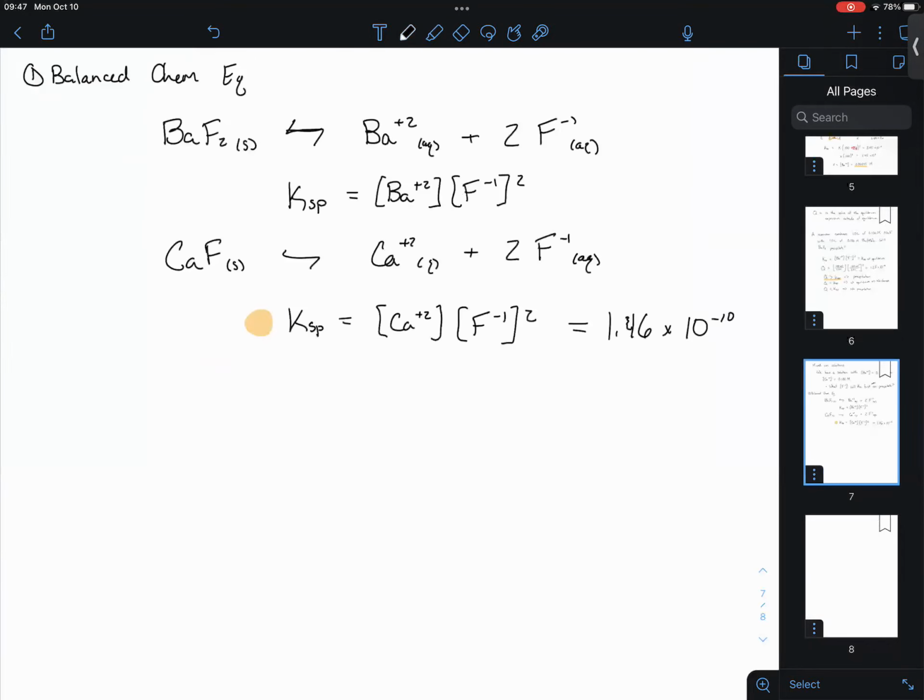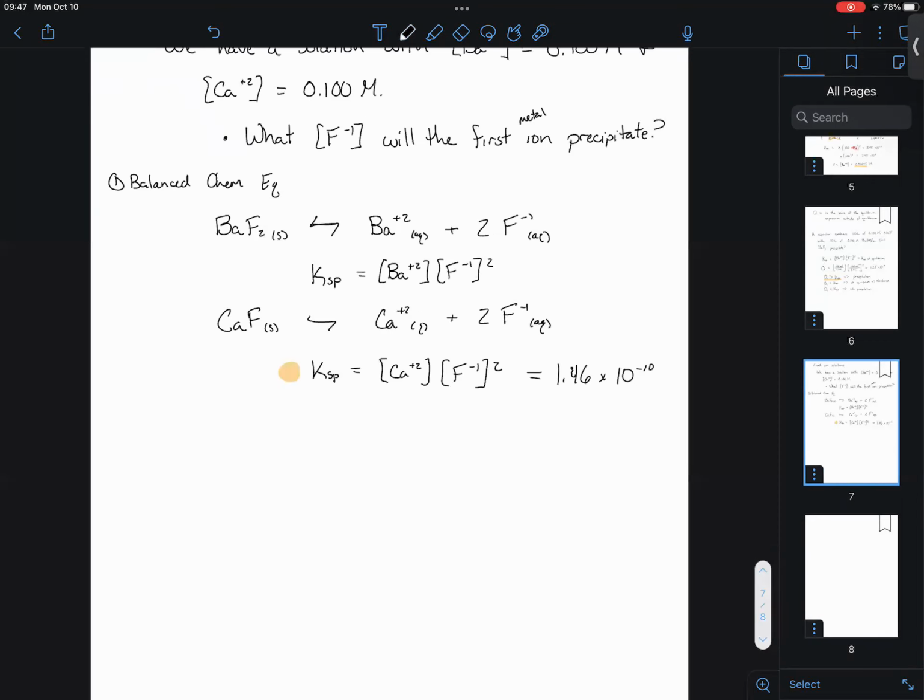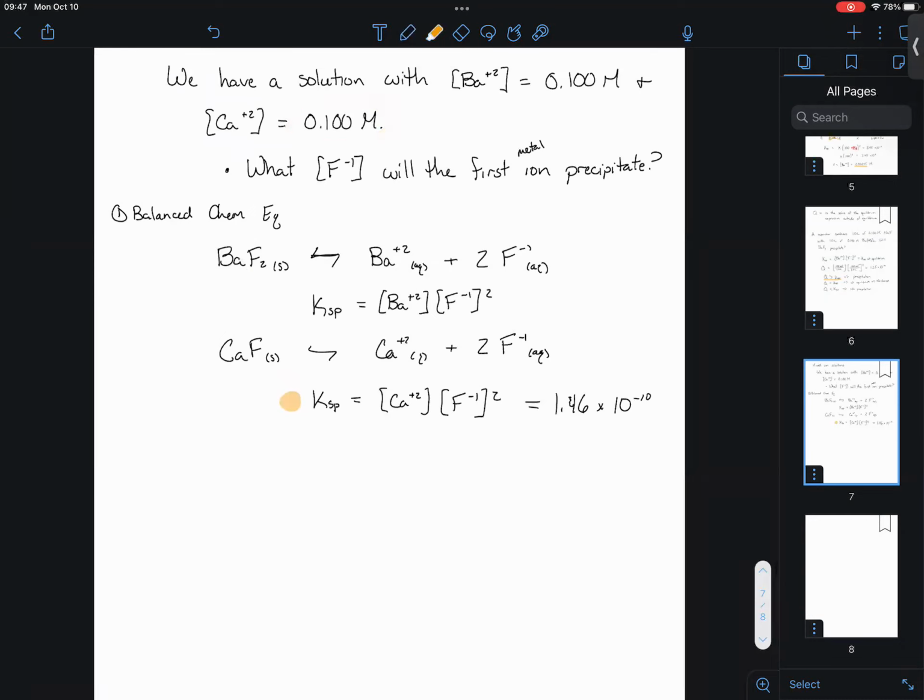And it wants to know what the fluoride ion concentration is when that calcium fluoride starts to precipitate. I know what my calcium ion concentration is, so I'm just going to plug in and rearrange for the value of F. My calcium concentration is 0.100 molar.